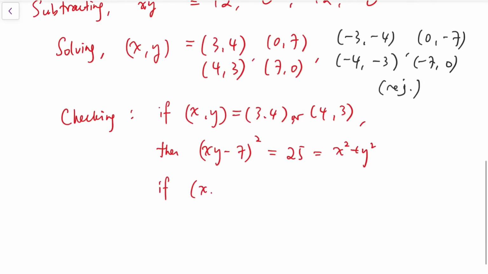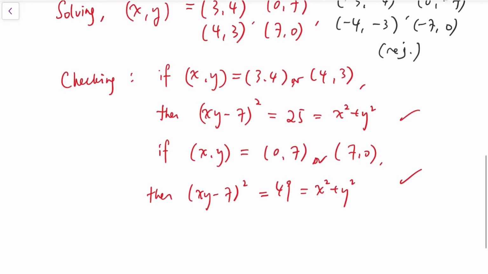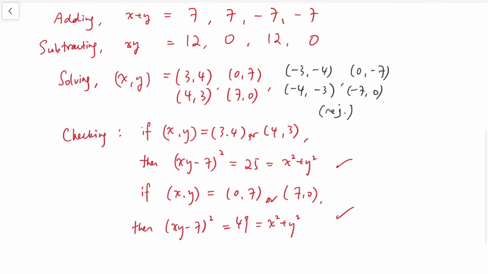Whereas if one of the numbers is 0, then we have both sides equal to 49. So they are valid solutions. So this is the final answer to this equation.